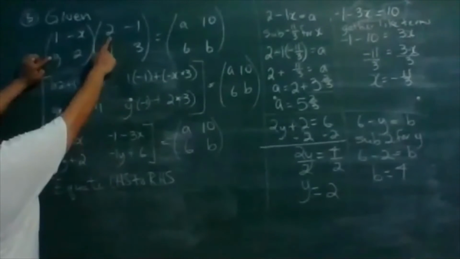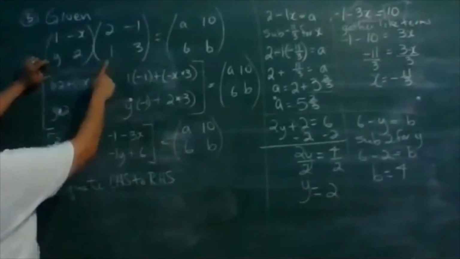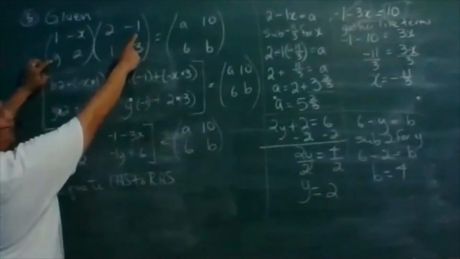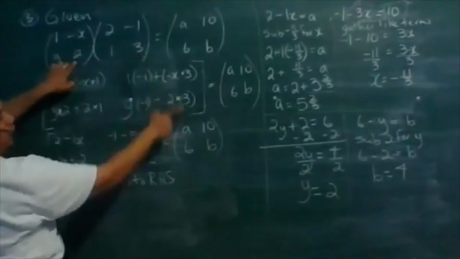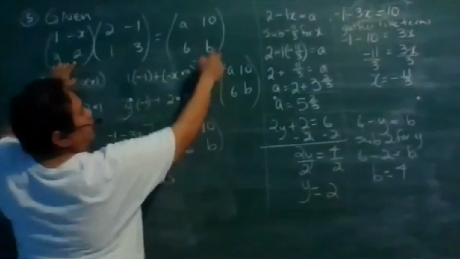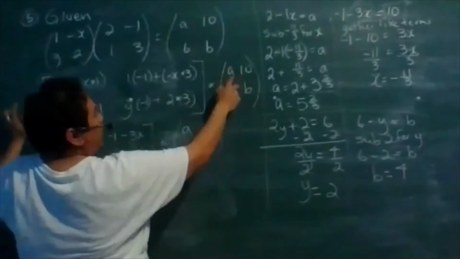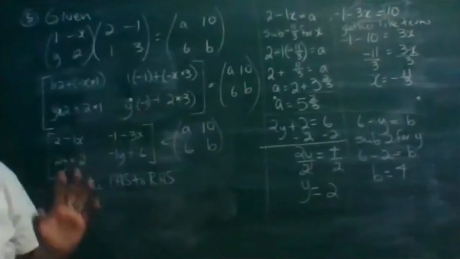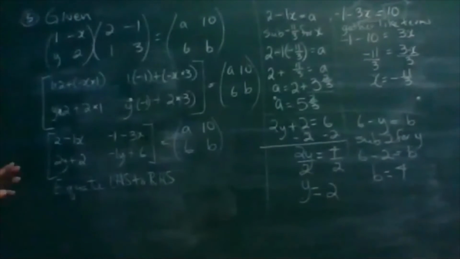Then y times 2 plus 2 times 1. Then y times negative 1 plus 2 times 3 equals, I just bring this down, [a, 10; 6, b]. That's only the matrix multiplication.